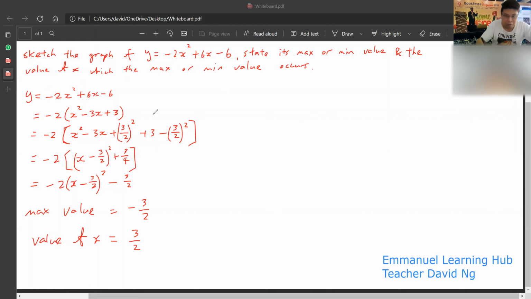Then they ask you to sketch the graph, right? To sketch the graph, I have to factorize this further. Okay, 3 and 1 you can't factorize. So you have to use the formula: minus b plus minus square root of b squared minus 4ac, over 2a. So you have to solve this equation.